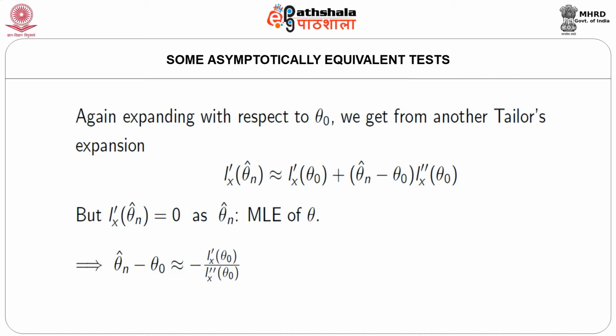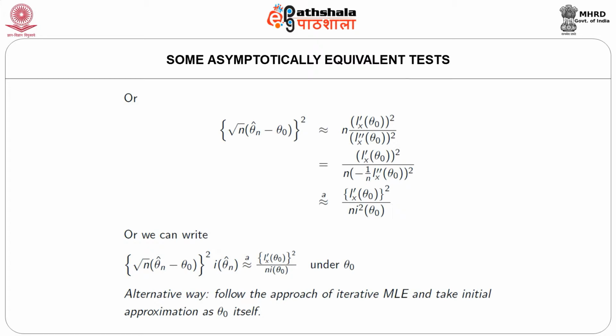But we already know that small lx prime theta n hat equals 0 because theta n hat is the MLE of theta, and as a result we get from this approximate relation that theta n hat minus theta naught is approximately equal to minus small lx prime theta naught by small lx double prime theta naught. Or we can say that root n times theta n hat minus theta naught whole square is approximately equal to small n times small lx prime theta naught square by small lx double prime theta naught square.